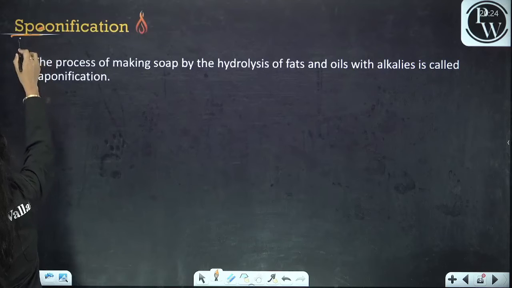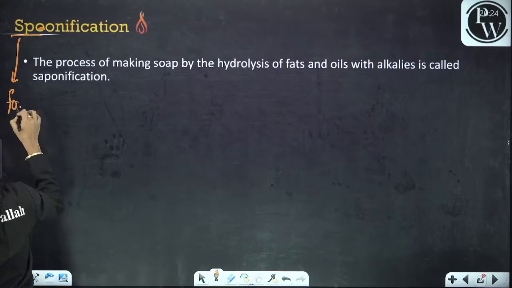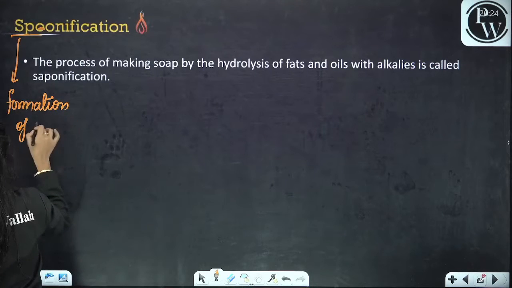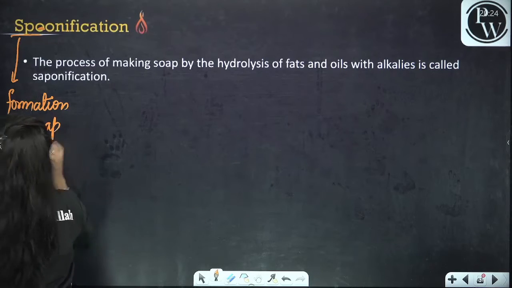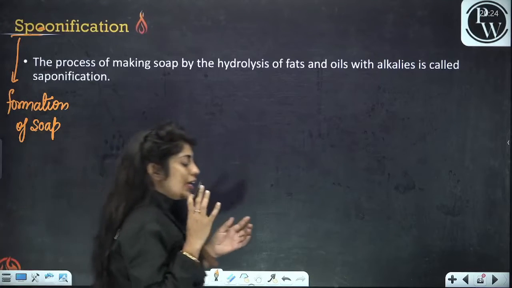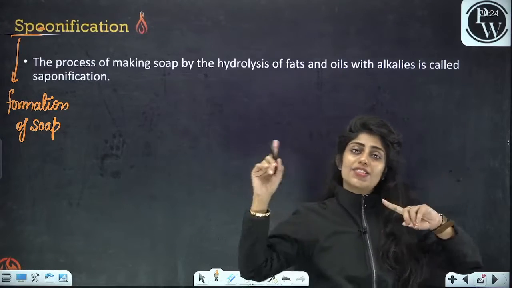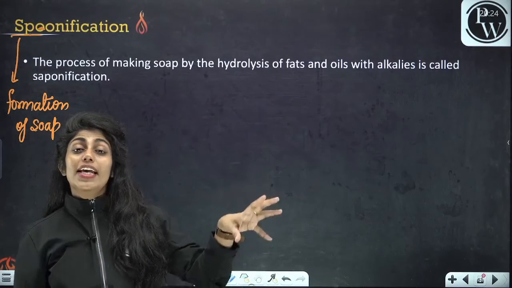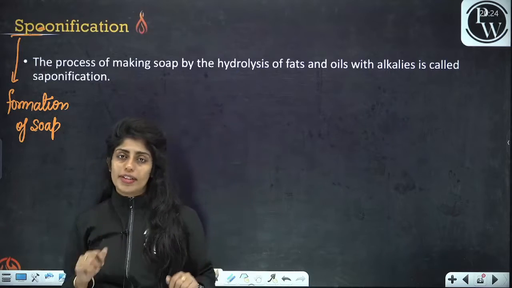Now, saponification, as the name indicates, formation of soap. I would like to know, are you recalling the esterification, the formation of ester? Yes or no? So we are taking that product here.